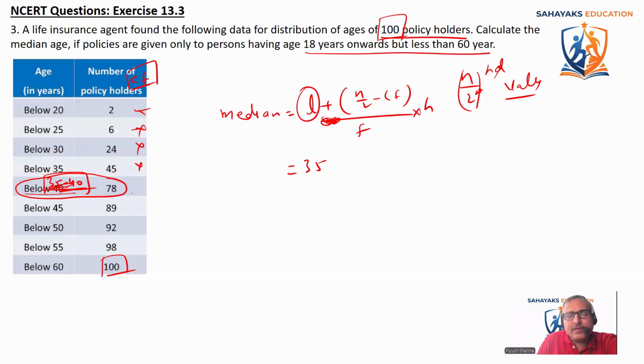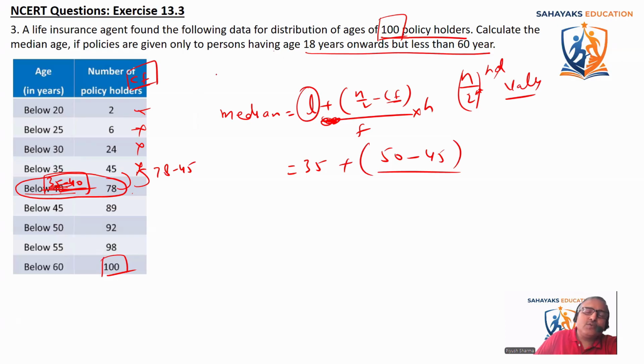So it is 35 plus (n by 2, 100 by 2 is 50, minus the cumulative frequency of the previous class, which is 45) divided by f. f is the frequency of this class. How will you find it? That will be 78 minus 45.